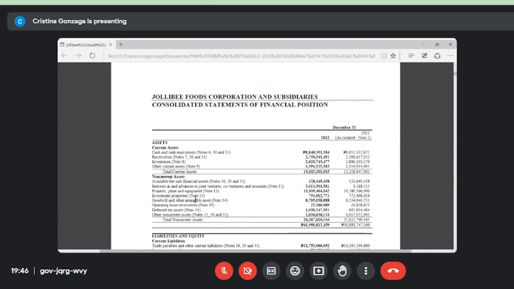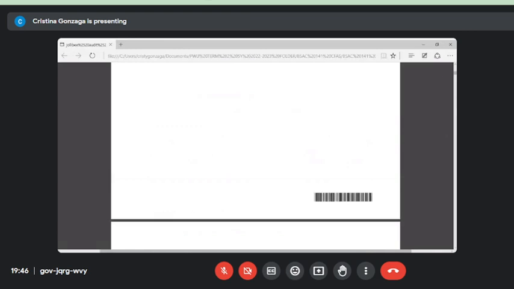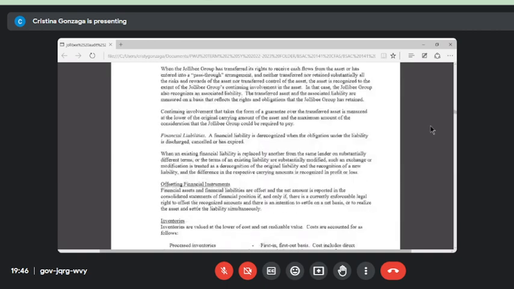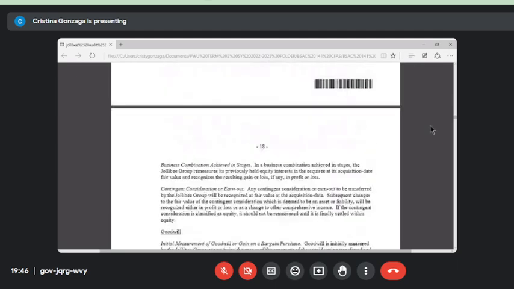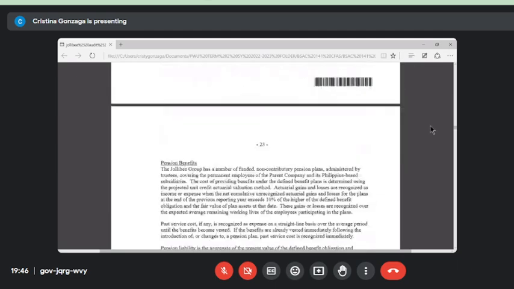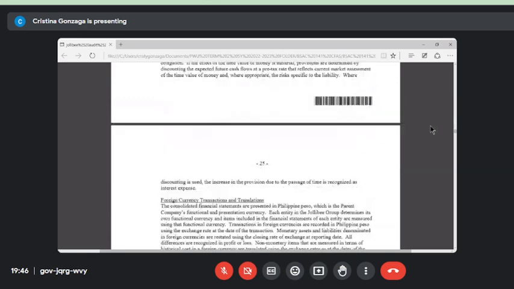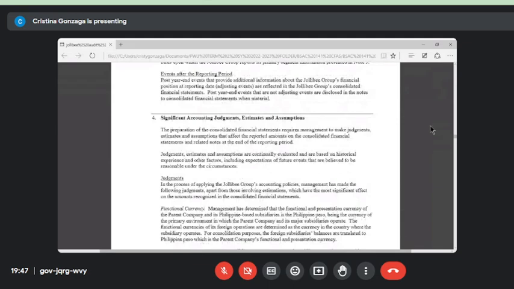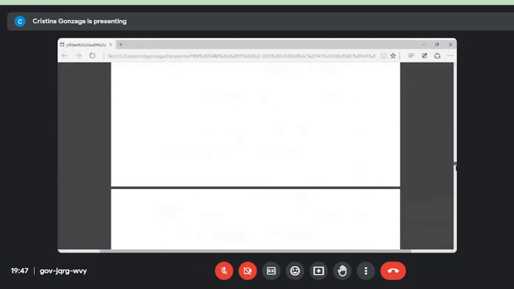Matagal na to no? Pero tingnan natin, investment property, note 13. Anong note na to? Ang haba ng dinidiscuss, ano? Ay, naku, note 4 pa lang to. 13 tayo.